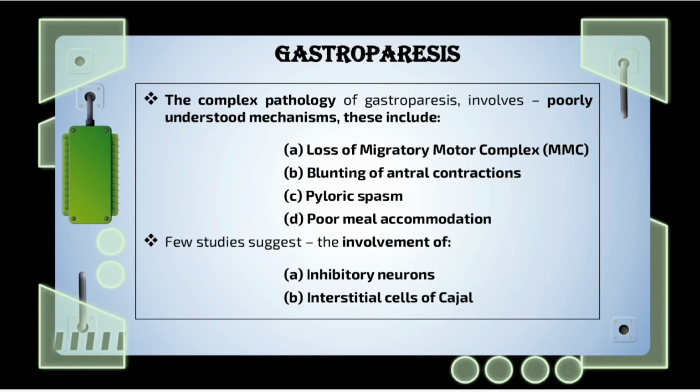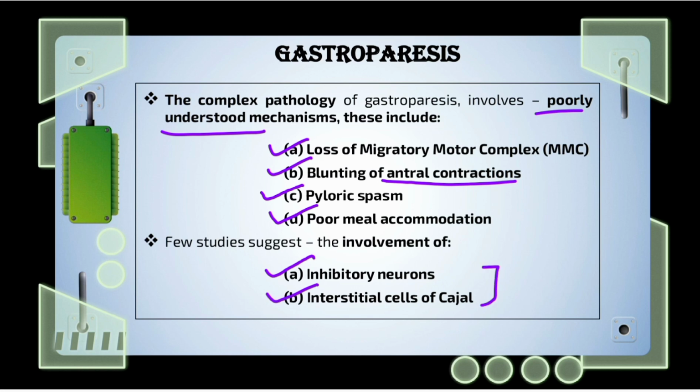The pathologies of gastroparesis are usually poorly understood mechanisms, and these include the loss of migratory motor complex in the stomach, the blunting of antral contractions, pyloric spasm, and poor meal accommodation in the stomach. Apart from that, a few studies suggest the involvement of inhibitory neurons and interstitial cells of Kajal behind the occurrence of gastroparesis.